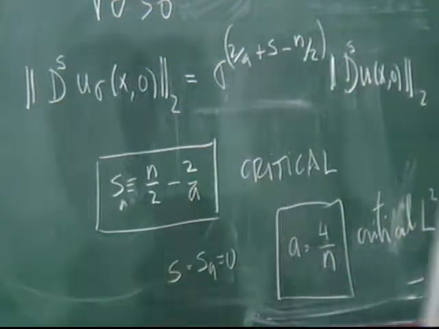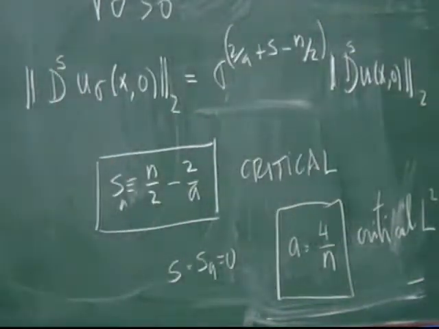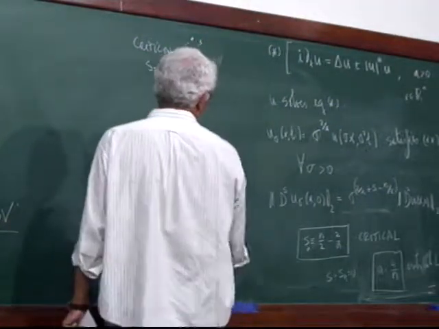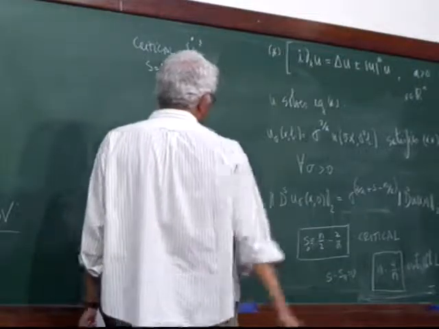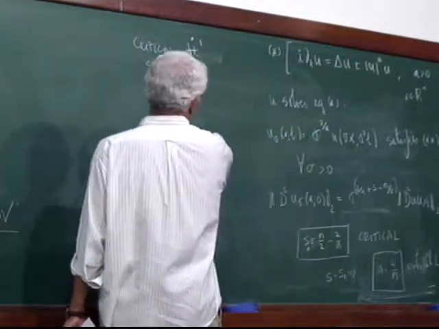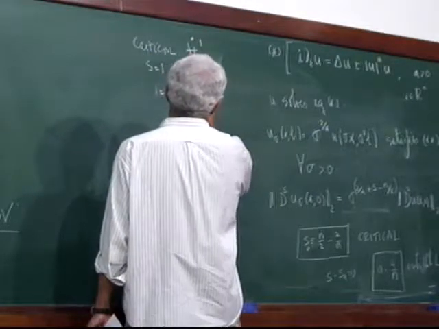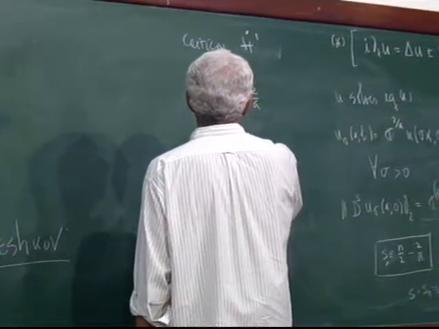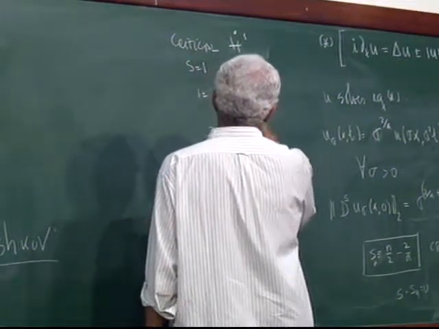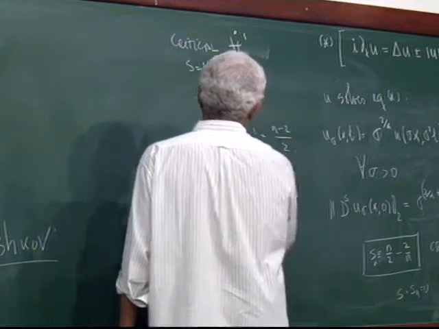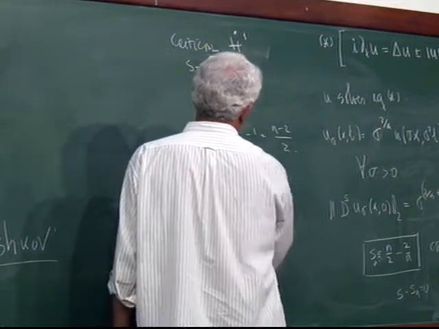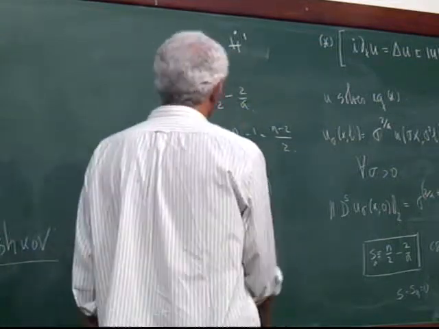If you want to be critical in H1, that means that you want s to be 1, then s, this quantity is 1, is equal to n over 2 minus 2 over A, then you need that 2 over A is equal to n over 2 minus 1, that is (n minus 2) over 2. Then A is going to be 4 over n minus 2. And you can only do this for n larger than 3. This is the critical power.